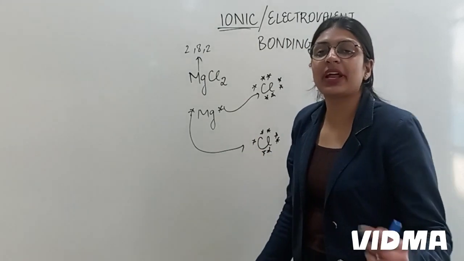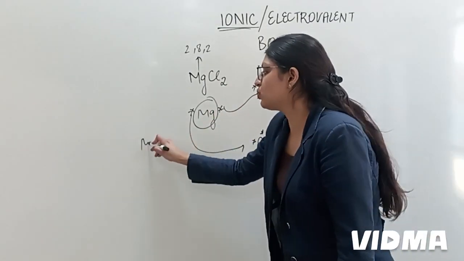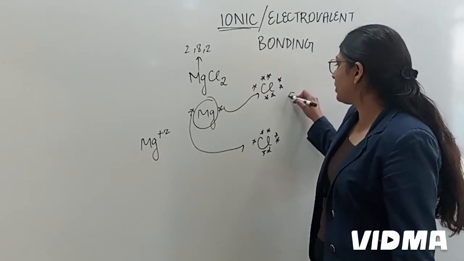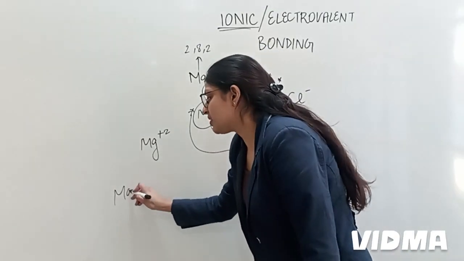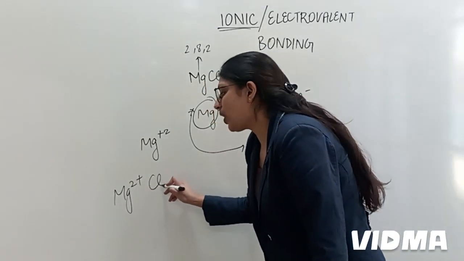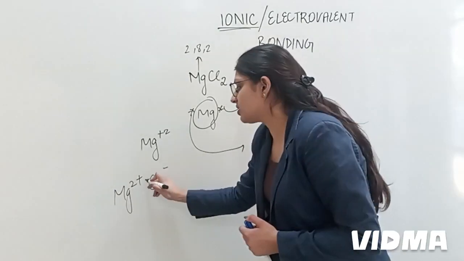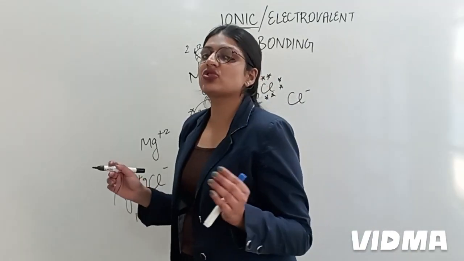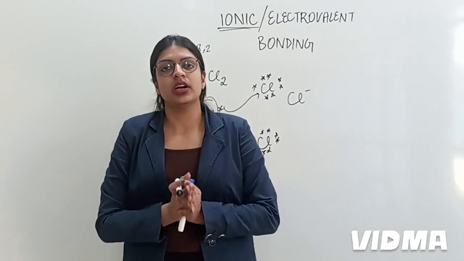Each chlorine is deprived of 1 electron, so magnesium will lose its 2 electrons to form Mg2+, and each chlorine will form Cl-. So there will be Mg2+ ions, and each chlorine is accepting 1 electron, and there are 2 such chlorines. So these will be the ions formed in this compound. By this trick you can easily draw diagrams for the formation of any ionic compound.